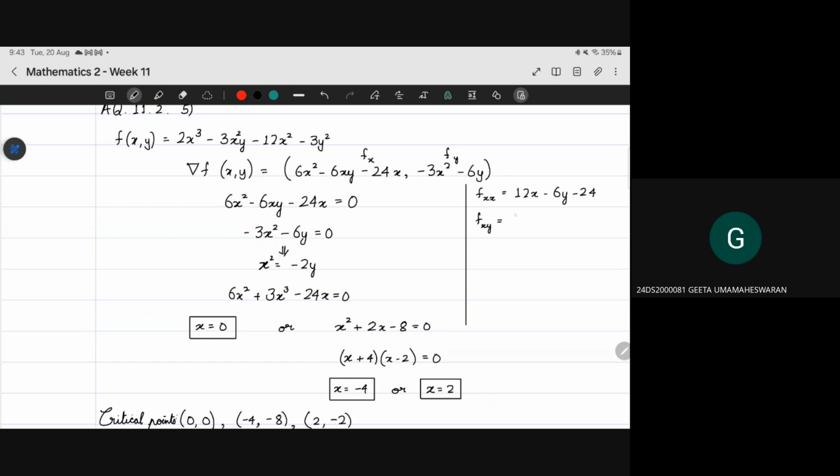Fxy is minus 6x. Note that if you do fy and take the differential with respect to x also, you'll just get minus 6x. And fyy is minus 6, right?